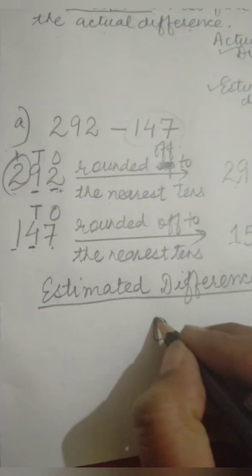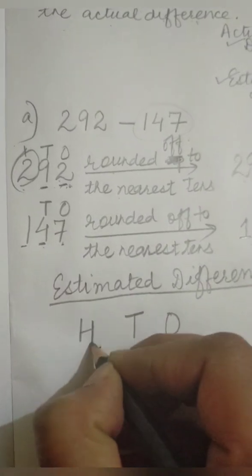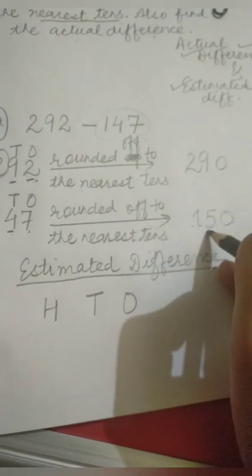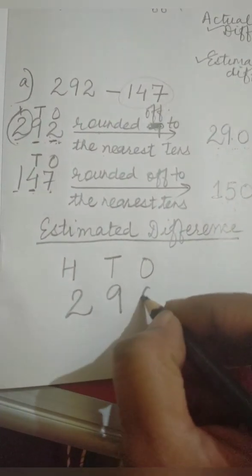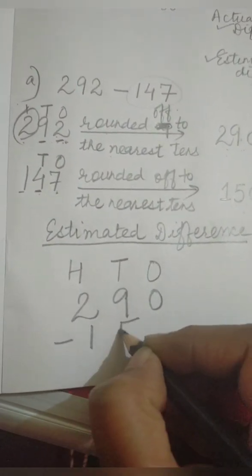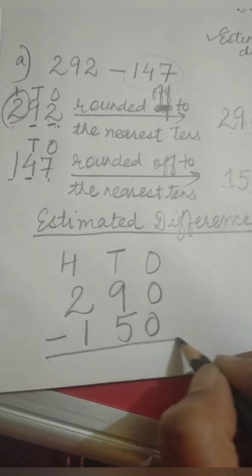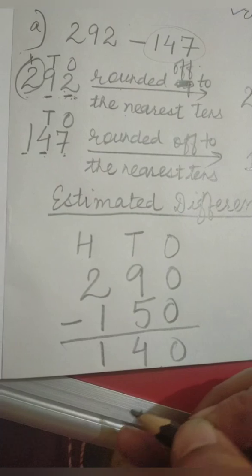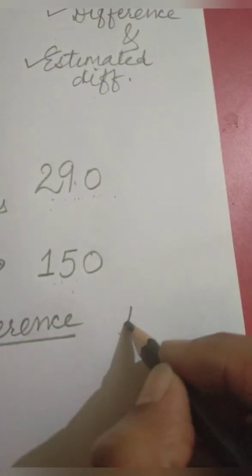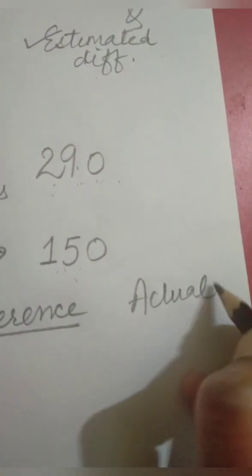Yes, ones, tens, hundreds. Here the estimated difference with the estimated numbers is 290 minus 150. So what will we get? 140.